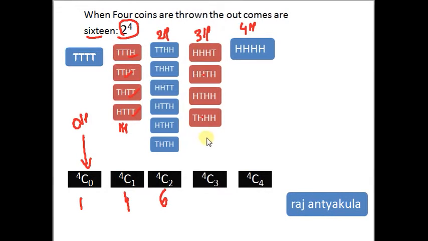Now, 3 heads. How many ways can it show 3 heads? 4C3. What is the value of 4C3? 4. In how many ways will it show all heads? Only one way, that is 4C4. So 1. If you add all these, what is the total value? 16. Okay. When 4 coins are thrown, the total outcomes are 16.